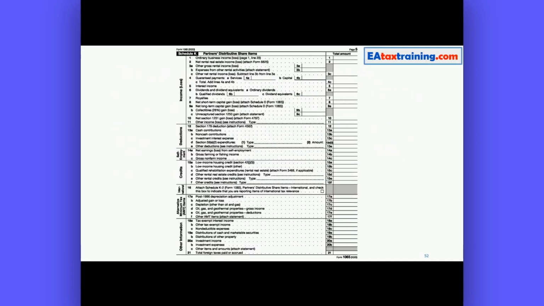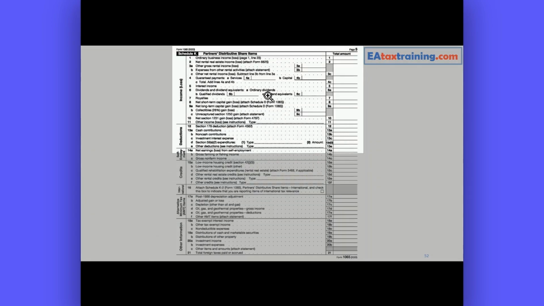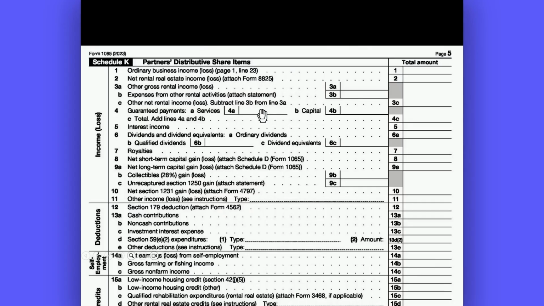So now let's go ahead and look at the Schedule K so you can see some more specifics about what we are talking about. So it starts out, this is the ordinary business income from page 1. So you do put that on here. So you've got page 1, we figured out the normal income and expense from the business, and the net of that is going to be reported here on Schedule K, and then it's going to be reported on Schedule K1.